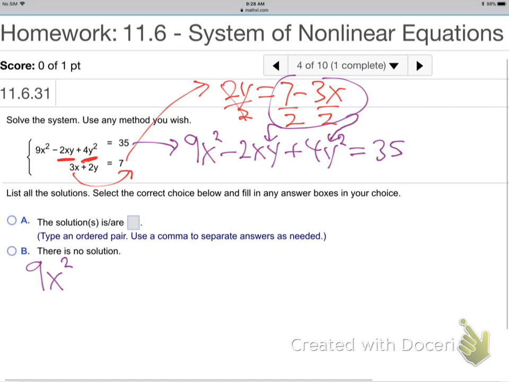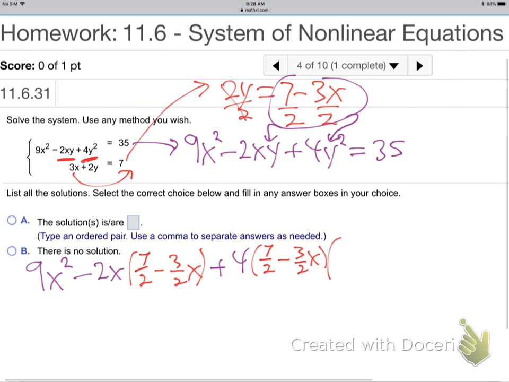So what do we got? 9x squared minus 2x, and then comes y, which is 7/2 minus 3/2 x, plus 4, and then y squared. You know what y squared means? 2 of them multiplied. 7/2 minus 3/2 x, and then another 7/2 minus 3/2 x. I mean, it's still pretty messy. This is a messy problem. Equals 35. So there we go.